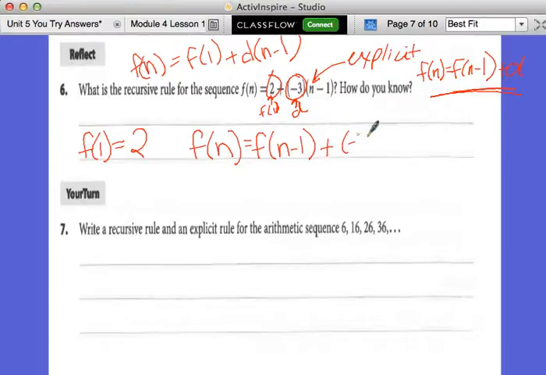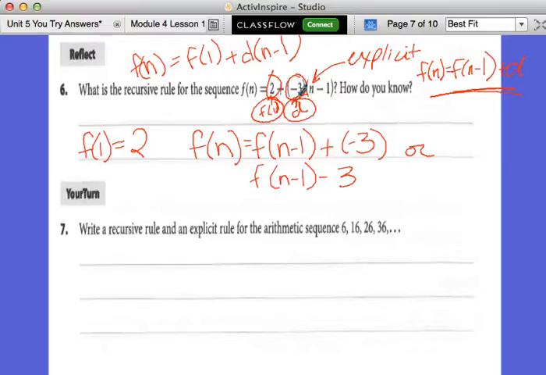You can say plus a negative 3, or you can say f of n minus 1 minus 3. Whatever way you're comfortable with is fine. I'm substituting what I know from the explicit into my recursive, because again, you're always using f of 1 and the common difference.